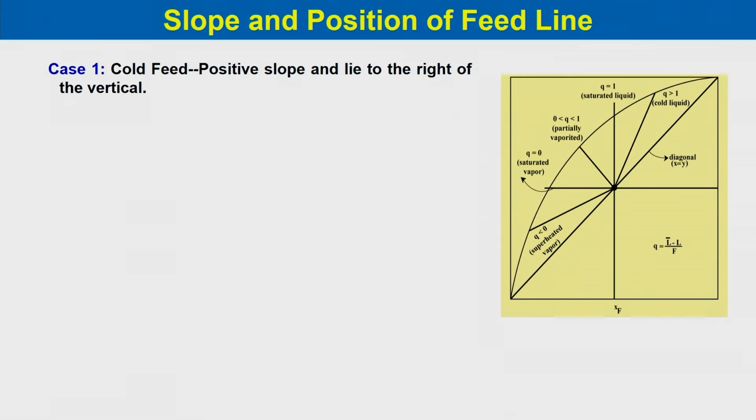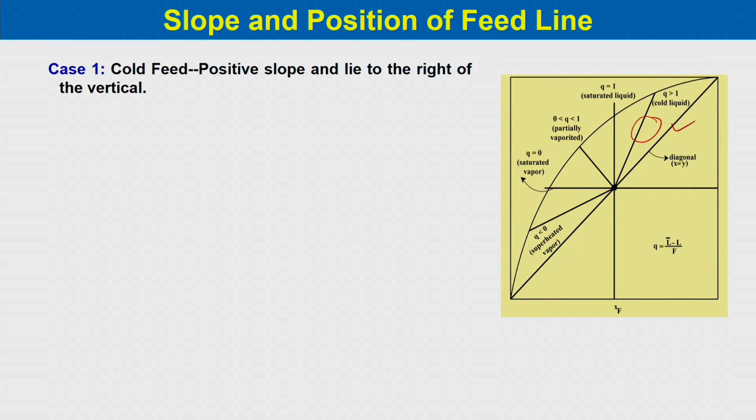So, q would be greater than 1 and the slope will be positive and it will lie on the right of the vertical line. So, this is the cold feed line with a positive slope, and it meets the diagonal line x is equal to y.